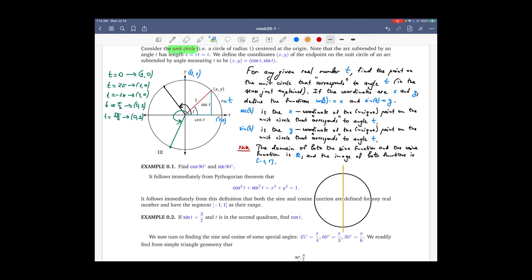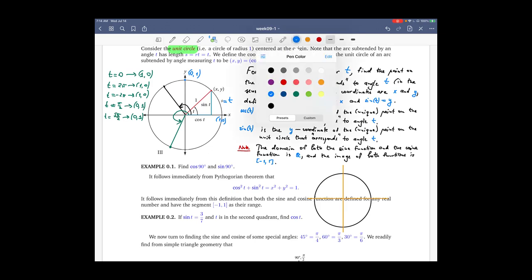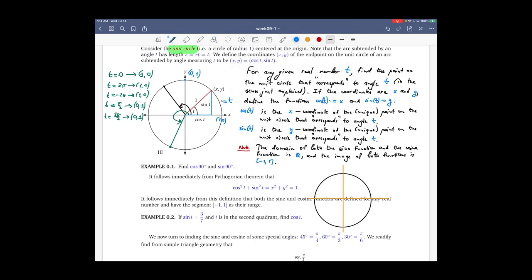Place the origin of our coordinate system at the center of our unit circle, and draw an angle of 90 degrees measured from the positive direction of the x-axis.